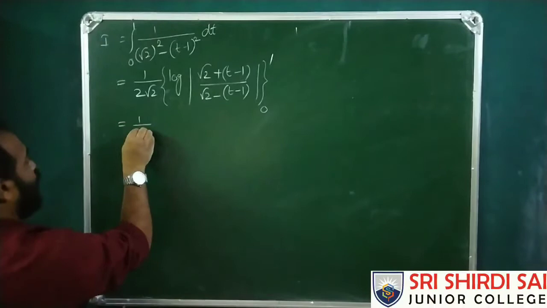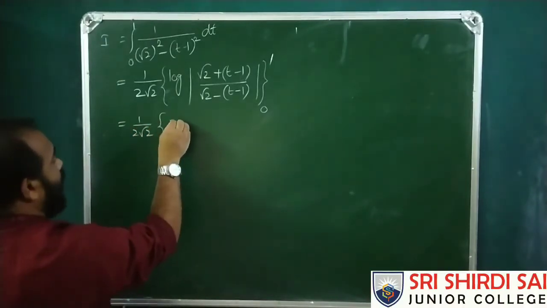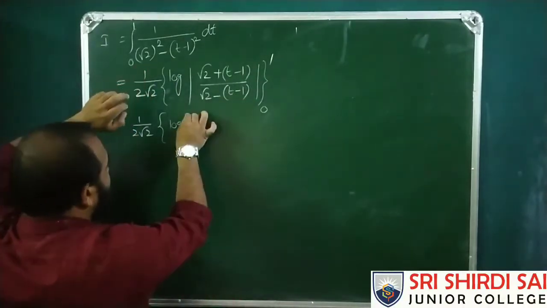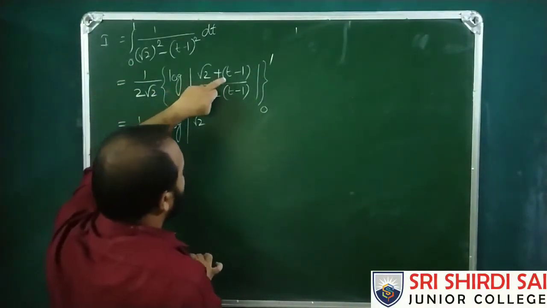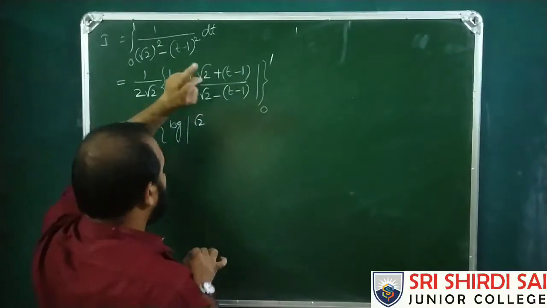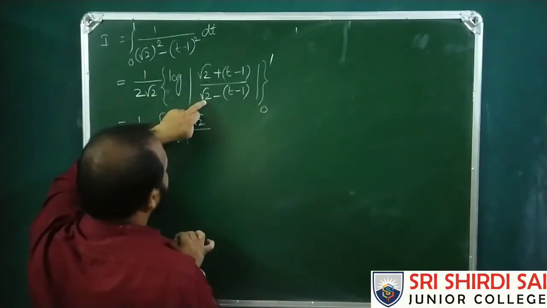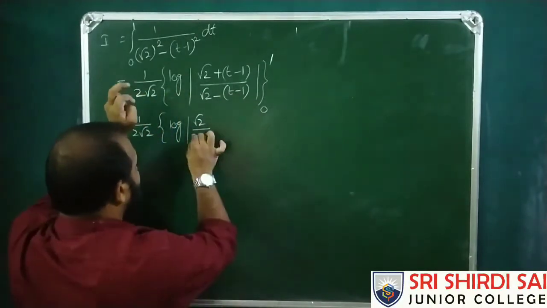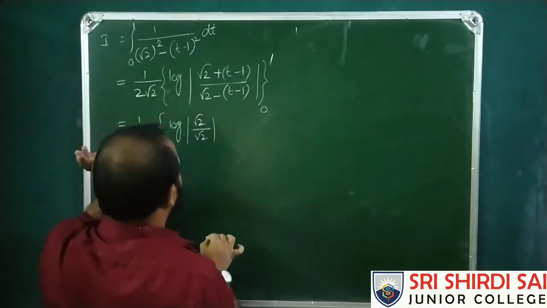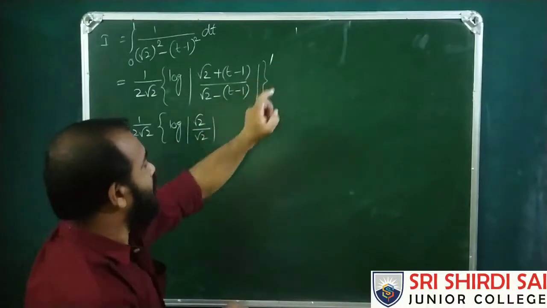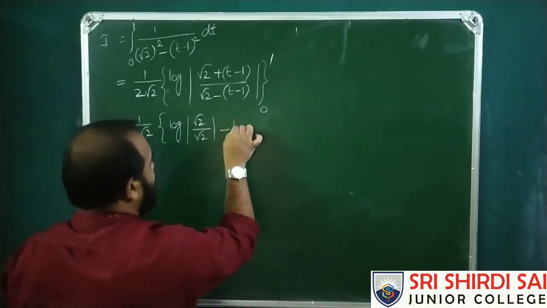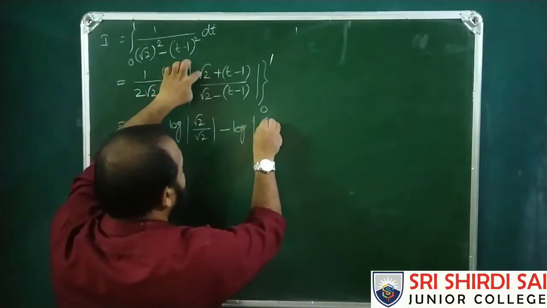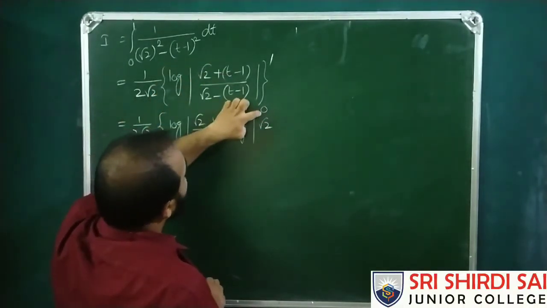1 by 2 root 2 log, substitute the limits. So root 2, t value is 1, 1 minus 1, 0, by root 2 minus of t value 1, 1 minus 1, 0. So root 2 by root 2. So this is the upper limit I have substituted, minus the lower limit: log of root 2, t value is 0, minus 1.